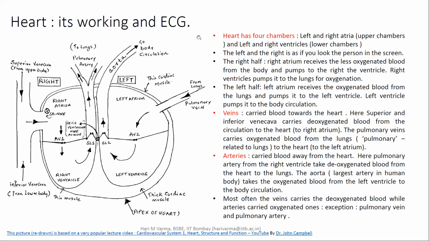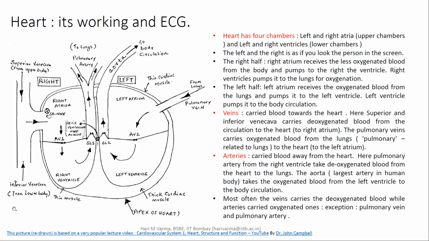This aorta branches out to arteries, which I have already shown you in one of the slides. The arteries branch out to arterioles, and the arterioles branch out to capillaries. From capillaries, which are in the vicinity of the cell, they can take the oxygen and the nutrients. That's how it works.